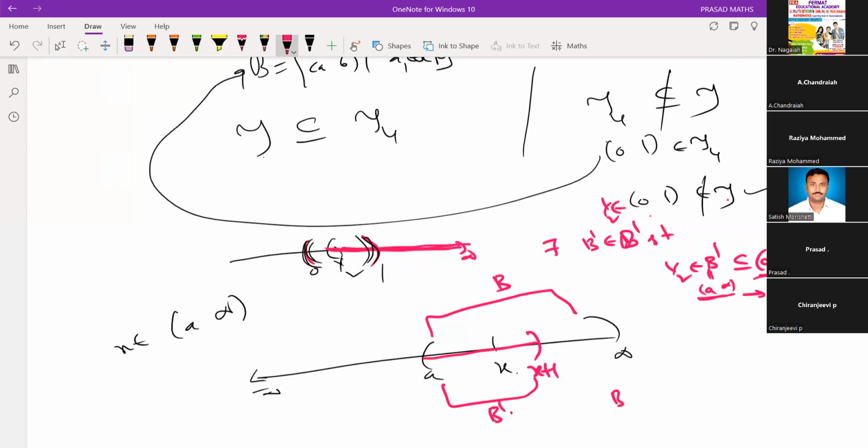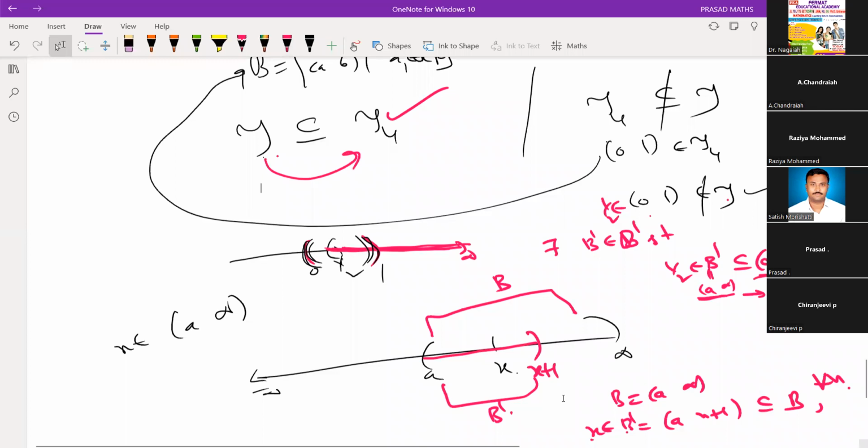My B is (A, infinity). What is my B dash? (A, x plus 1). So this contains x and is contained in B. This is true for every x, therefore satisfying the condition. Therefore tau is contained in tau u. Is it clear? So they are comparable, at least one of them happens, but they are not equal.